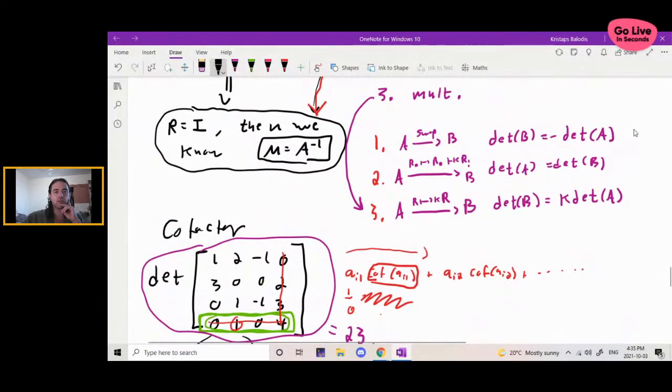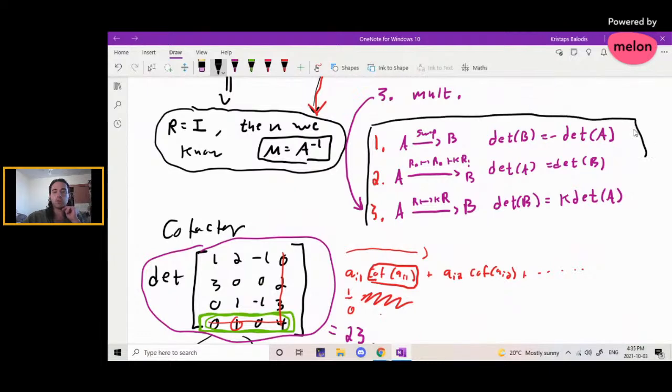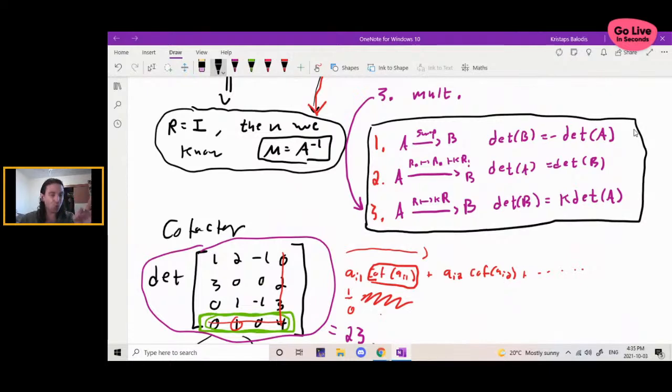But now what we have in our toolkit is we know that we can make a matrix simpler by performing row operations. And sometimes we'll get an entire row of zeros if we do row operations. And we have the added benefit that now we know exactly how the determinant changes if we apply a row operation. So putting all this together, if you have some big complicated 4x4 or 5x5 matrix, here at least in the example we did, cofactor expansion is not so bad.